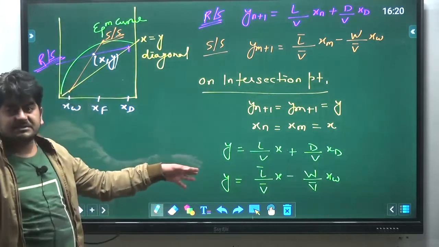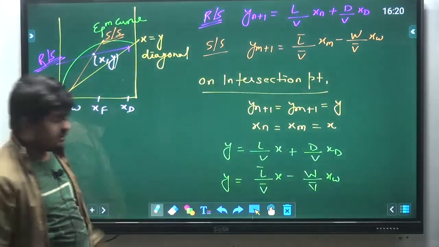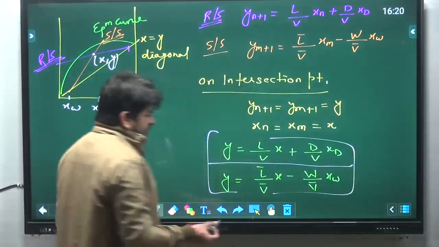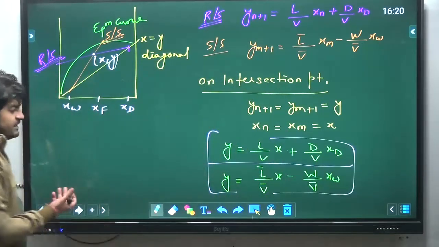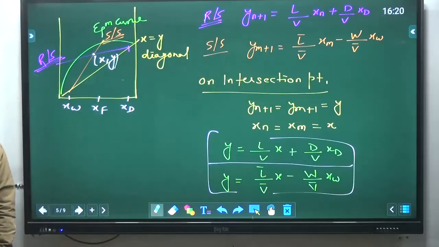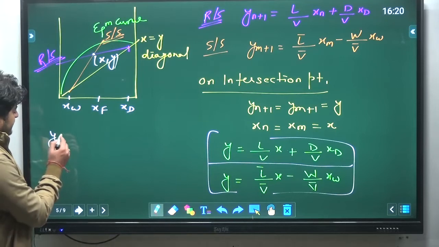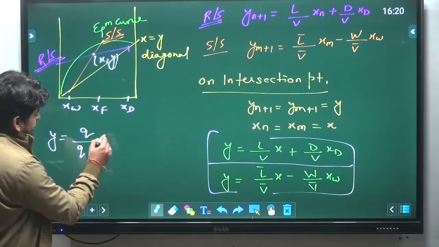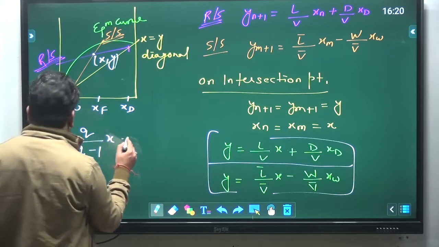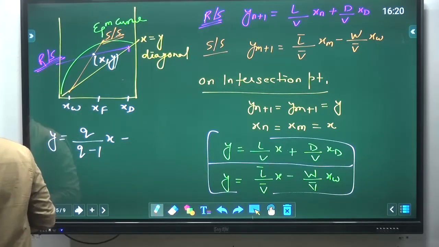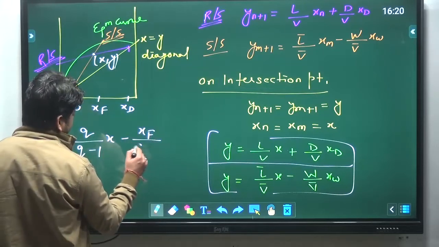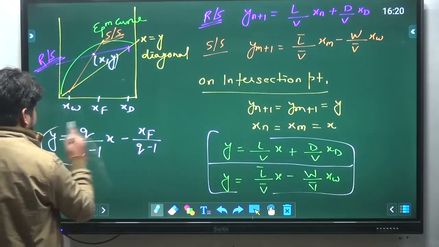And when you rearrange these expressions, I am not going to do the derivation, as all of you know what is the derivation behind that. So when you rearrange these two expressions, you will reach the final equation, that will be y is equal to q upon q minus 1 times x minus xF over q minus 1.